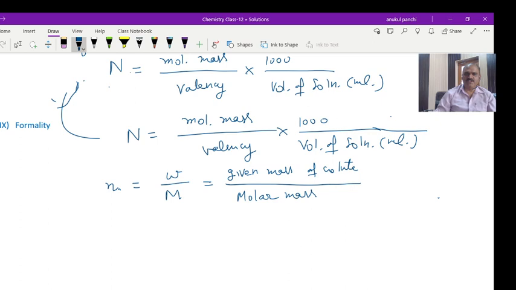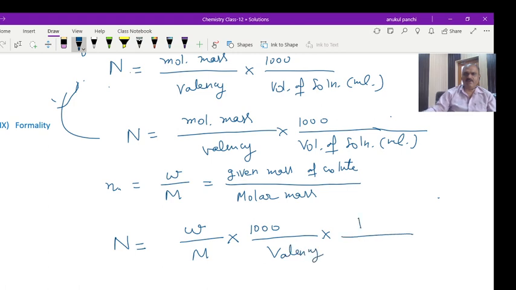So if we use it here, it becomes normality is equal to given mass of solute upon molar mass of solute into 1000 upon valency, here V for valency, into 1 by volume of solution in milliliters.